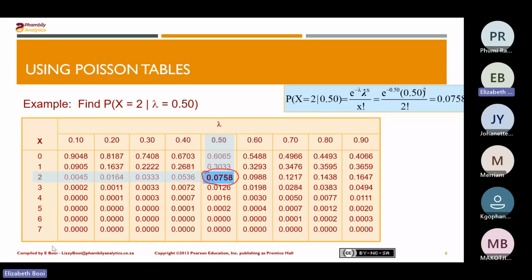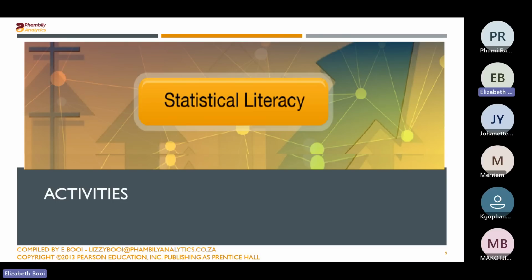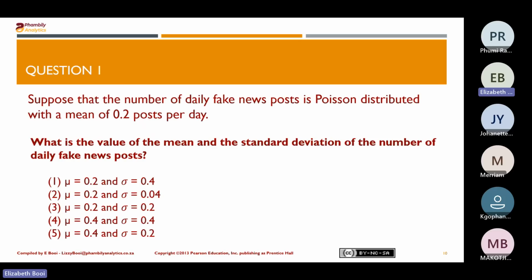Okay, so let's go and do some activities. Let's work through some activities. This is where you get the chance to do the activities yourselves. Suppose that the number of daily fake news posts is Poisson distributed with a mean of 0.2 posts per day.